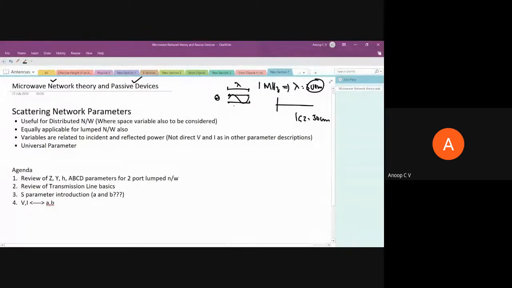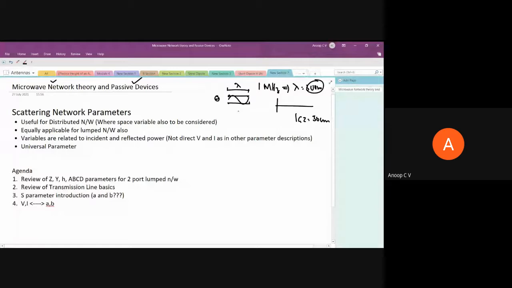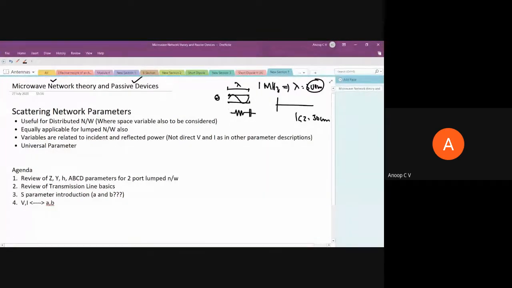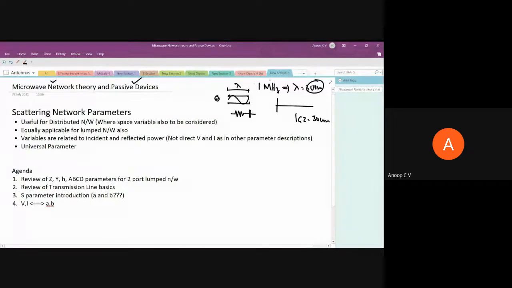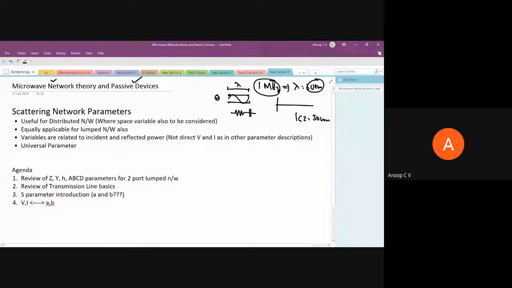So if you have a lump circuit which involves a resistor, capacitor and conducting wires, maybe the dimension of this will be somewhere around 10 to 20 centimeter. At 1 megahertz, the distance for the wave to change phase by 360 degree is around 300 meters.